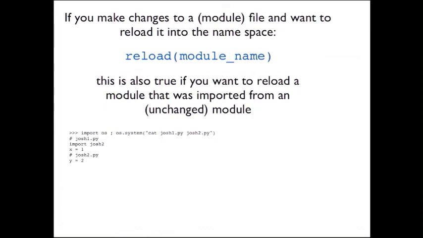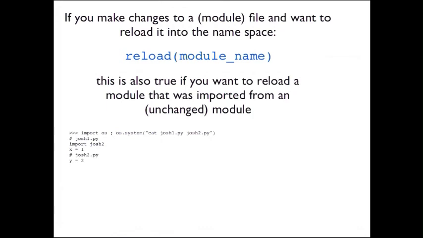So import os, os.system cat josh1.py josh2.py. Cat is just a Unix way of saying print out the contents of. And so in josh1.py, I just say import josh2, x equals 1, and josh2 is just y equals 2.